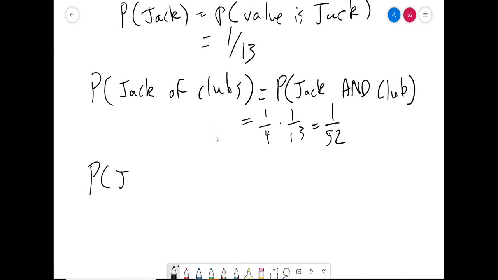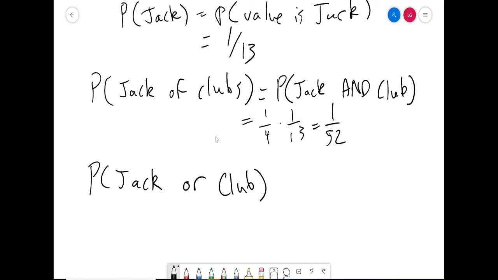Well, that should be contrasted with this type of thing. The probability of a jack or a club, a compound probability here. We're thinking about drawing a card, say a shuffled deck of cards, so the top is random. We take that top card and we look at it and we say, okay, what is the probability that this was going to be a jack or a club?